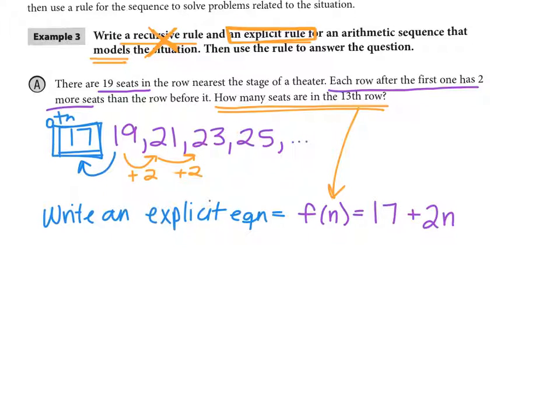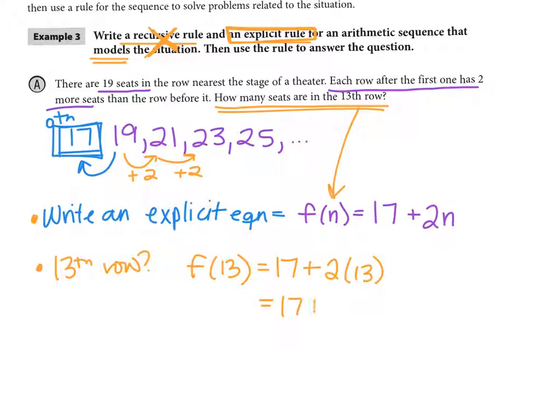So f of 13 equals 17 plus 2 times 13. If we just work that out, 2 times 13 is 26, and we're going to get 43. So in the 13th row, f of 13 equals 43.